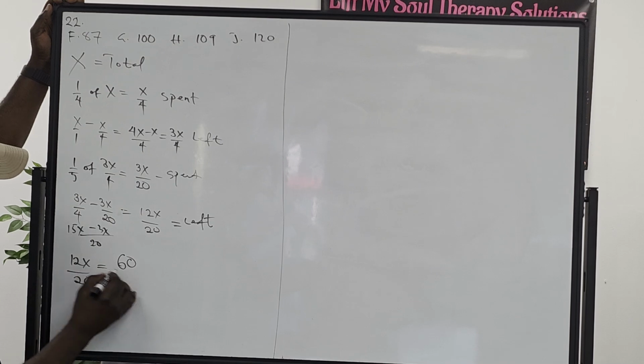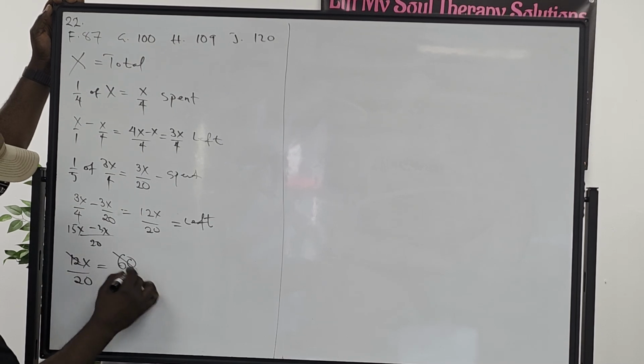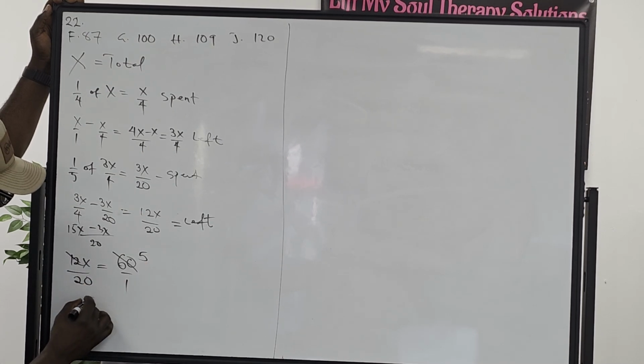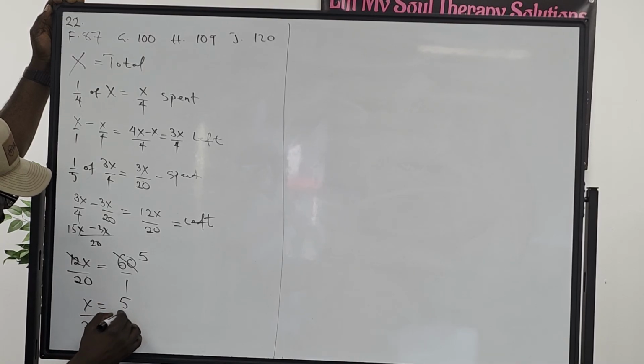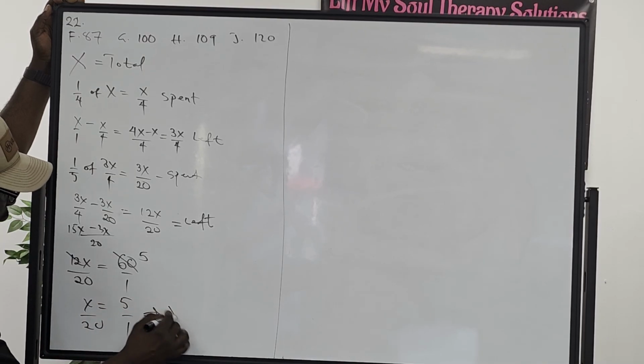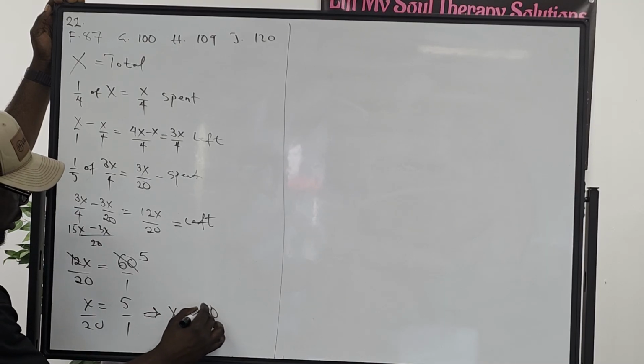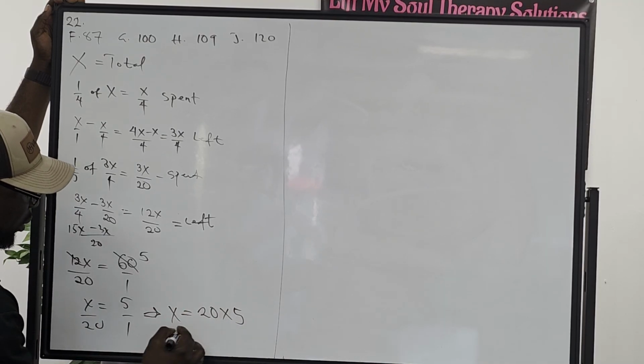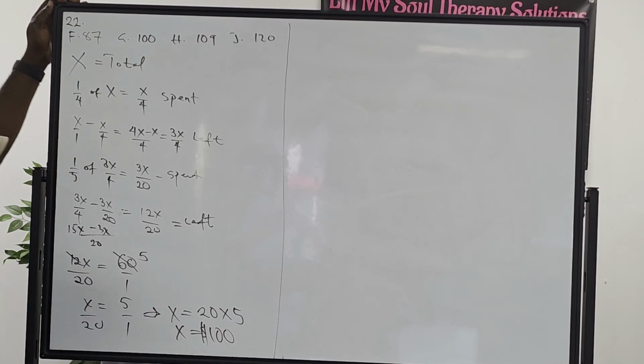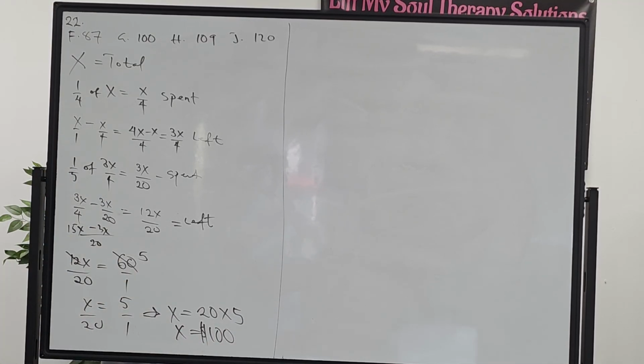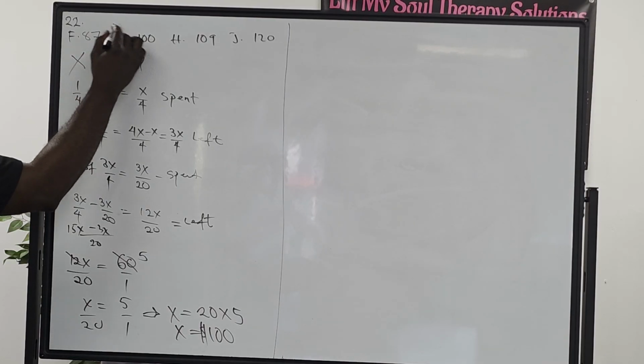This divided by this gives us 5, so X over 20 is equal to 5 over 1. Therefore, X is equal to 20 times 5, and that is 100. So what she started with originally is $100, and that is option G.